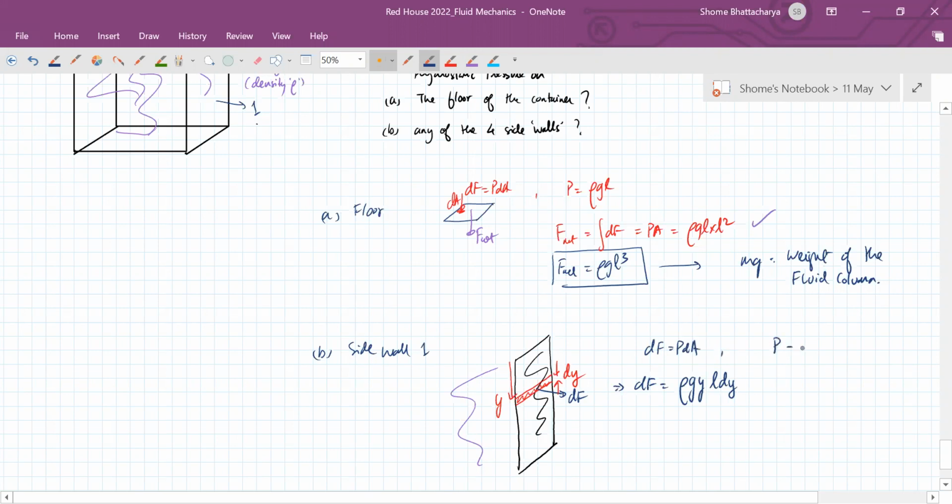So pressure varies with depth. Hydrostatic pressure, remember, it's not the absolute pressure. And area of that strip is L dy. So now this is experiencing a net force, say F net prime. So that F net prime will just become integration of this dF.